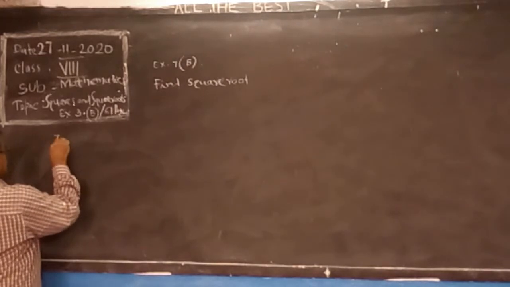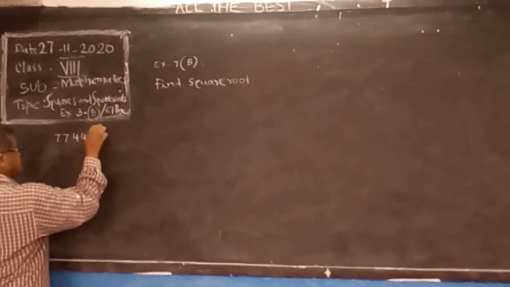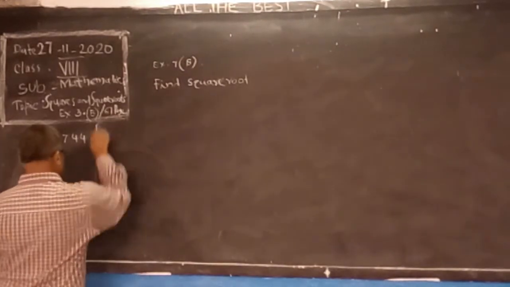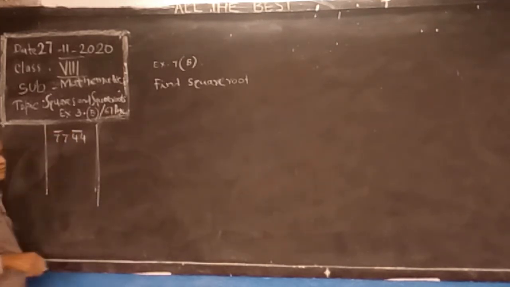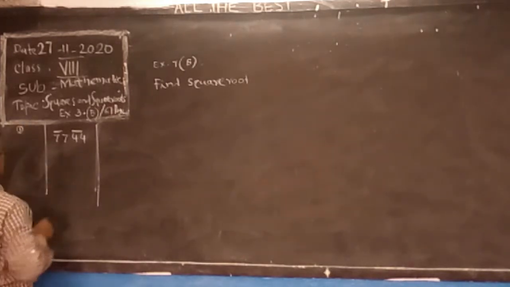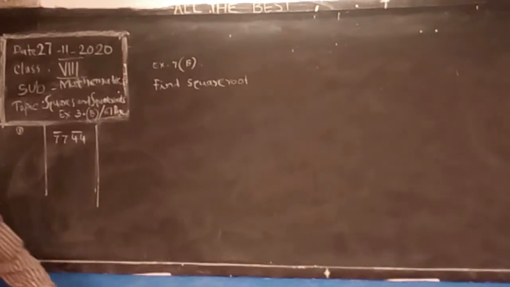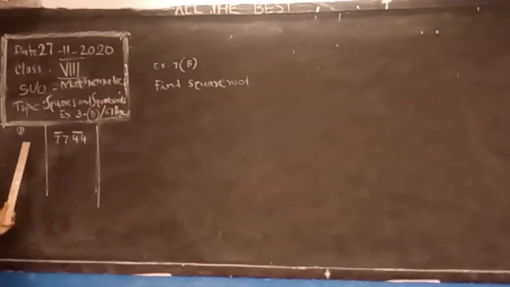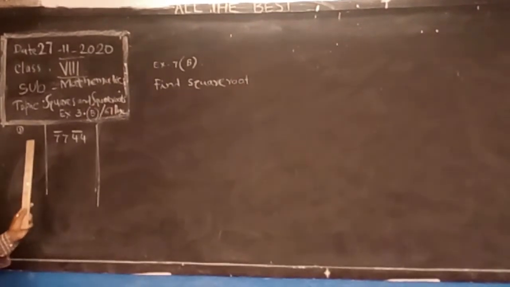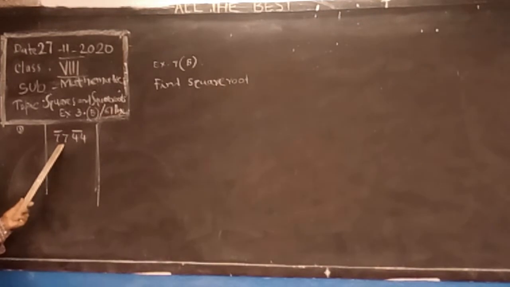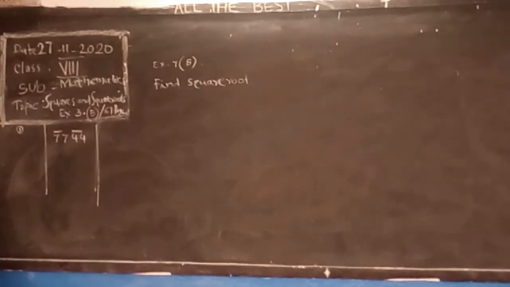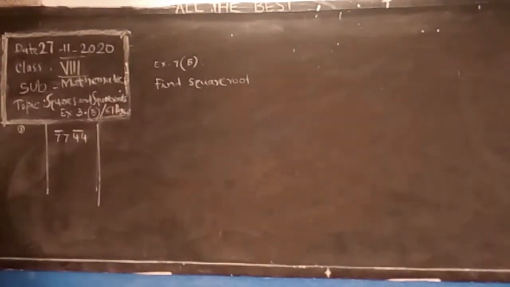See, I am explaining with only the division method. You practice the prime factorization method. First of all, make pairs, short form. 77 is there. So read the table: 1 one is 1, 2 twos are 4, 3 threes are 9, 4 fours are 16, 5 fives are not getting, 7 sevens are 49, 8 eights are 64, 9 nines are 81, not going.